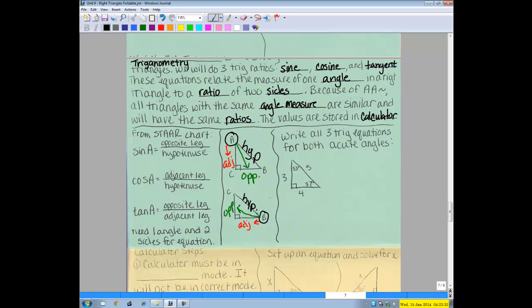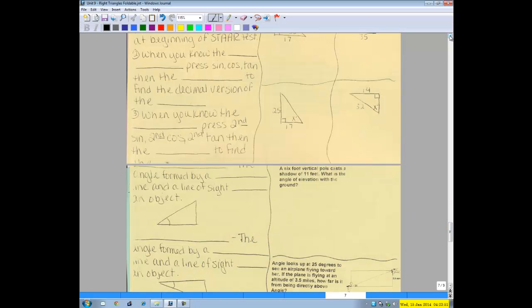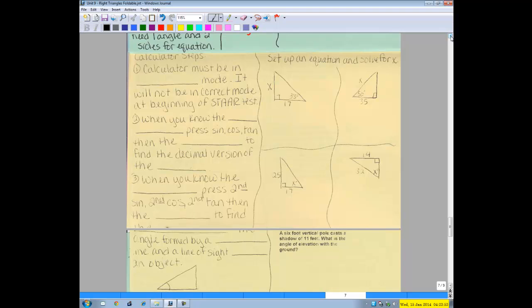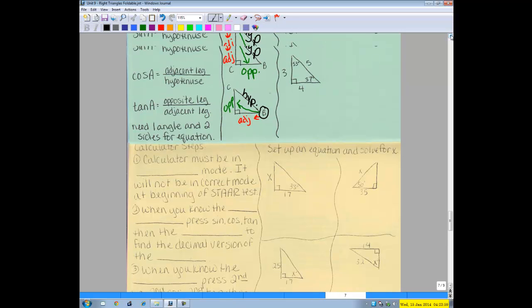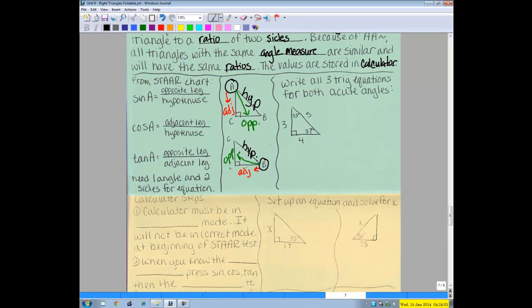One thing that you can use to remember this stuff, even though you have it readily available for you, is SOHCAHTOA. There's actually not a real good place to write this down, but it's always good to have it. It's just so much easier to remember than always looking at all of this information. So I guess if you can fit it right here, it's SOHCAHTOA.